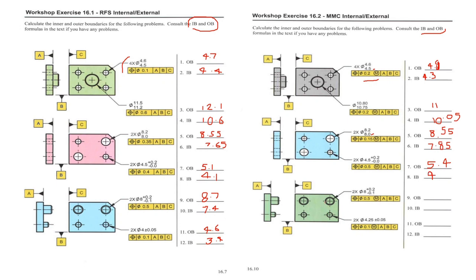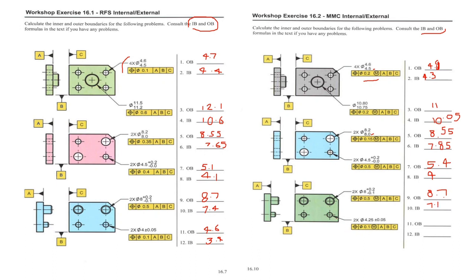And for the next, this pin, the size is 8, and the MMC is 8.2 plus 0.5, which gives us the OB outer boundary, and it's 8.7. And this IB is 7.9 minus 0.8, so 7.1.